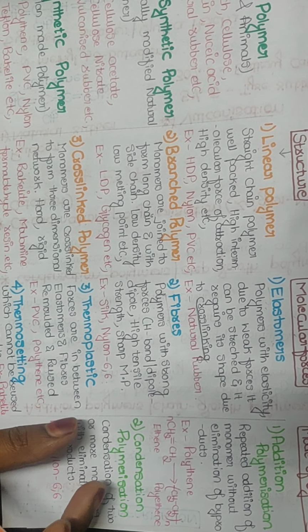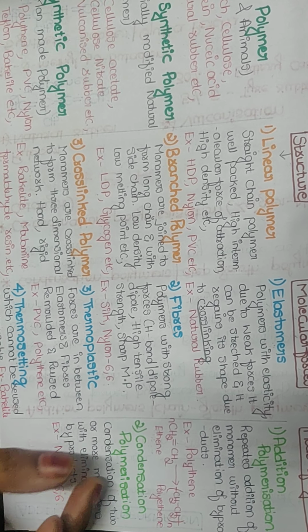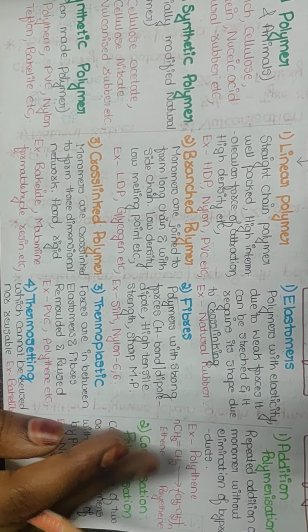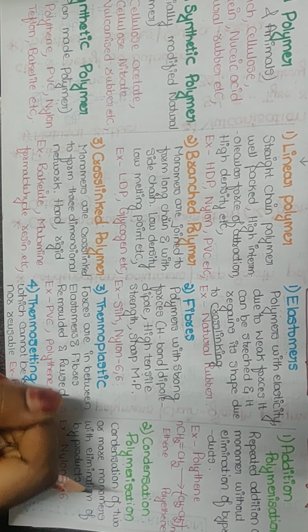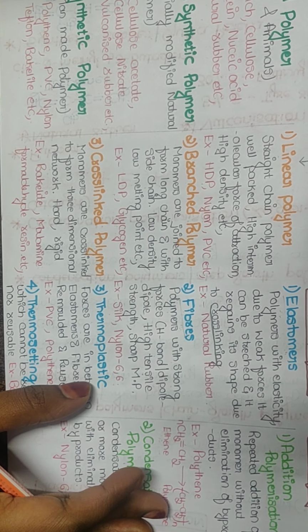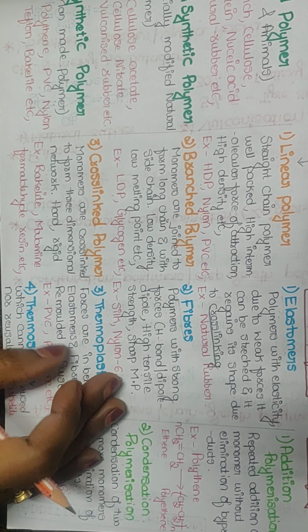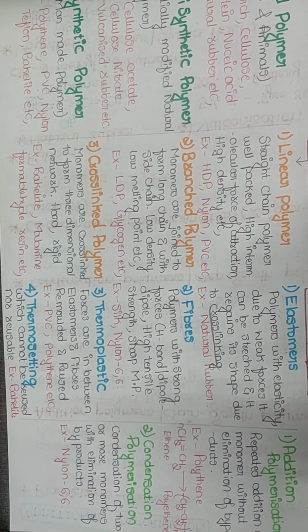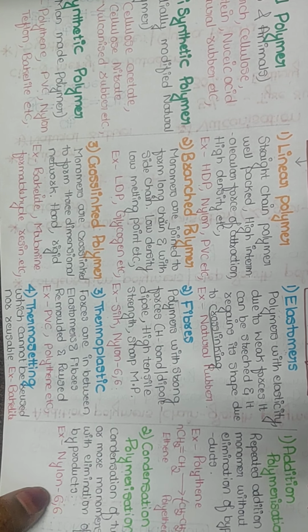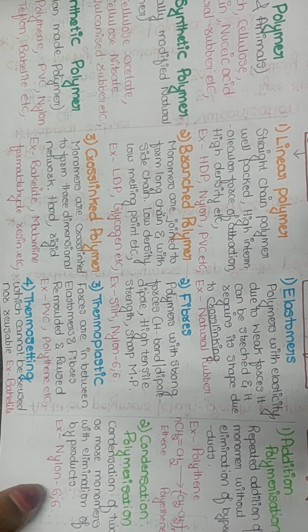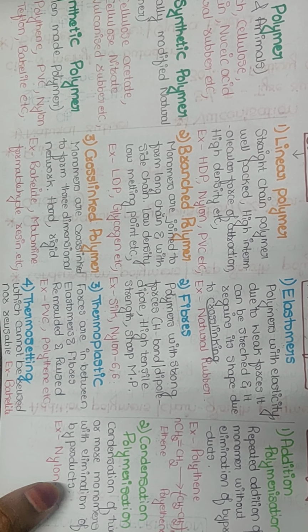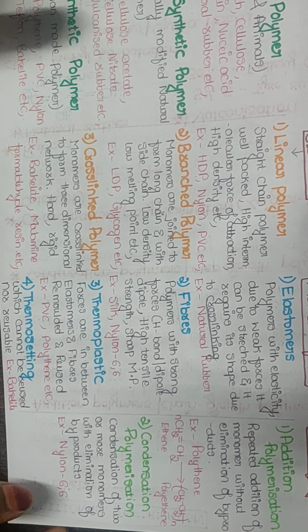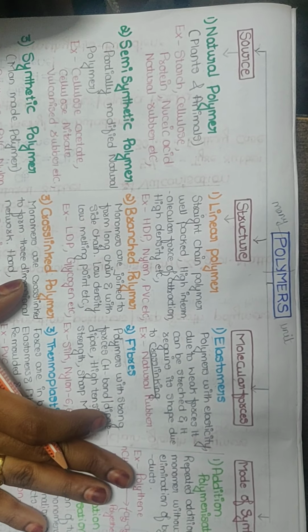What is that is, both the monomers should have a different functional group, so that when they are condensing, there will be an elimination of simple molecules like water or HCl or alcohol, etc. So here the best example is nylon 6,6. So we'll look at what the monomers are and how the condensation polymerization happens in the next part. Okay, so this is all about the classification of polymers.